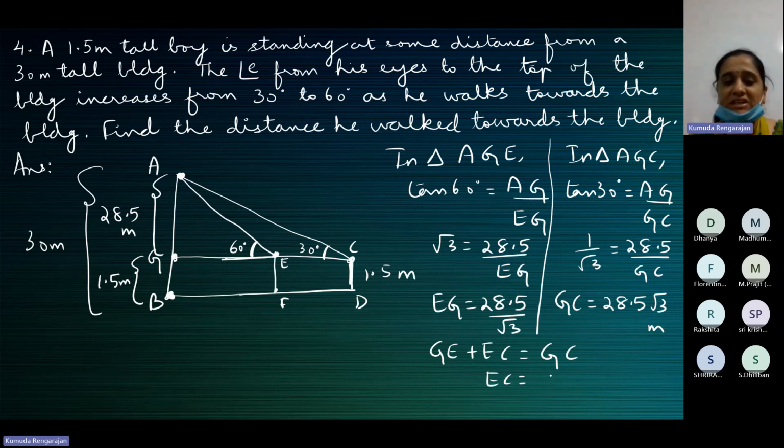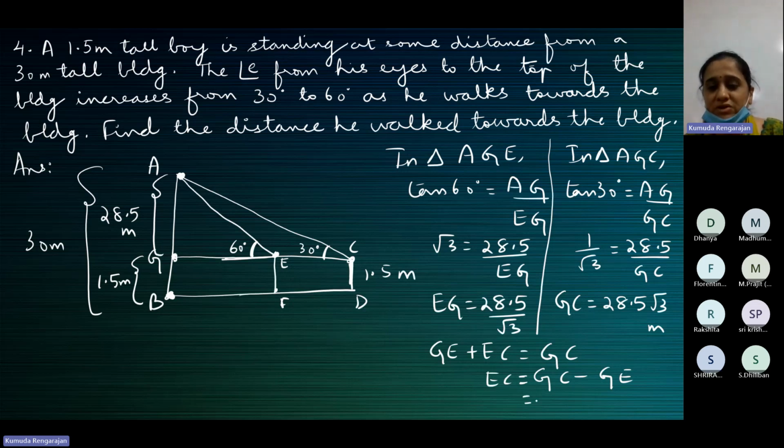If we don't know whether we have to add or subtract, look at the longest line segment. The longest line segment here is GC. So EC is equal to GC minus GE, that will give you EC.